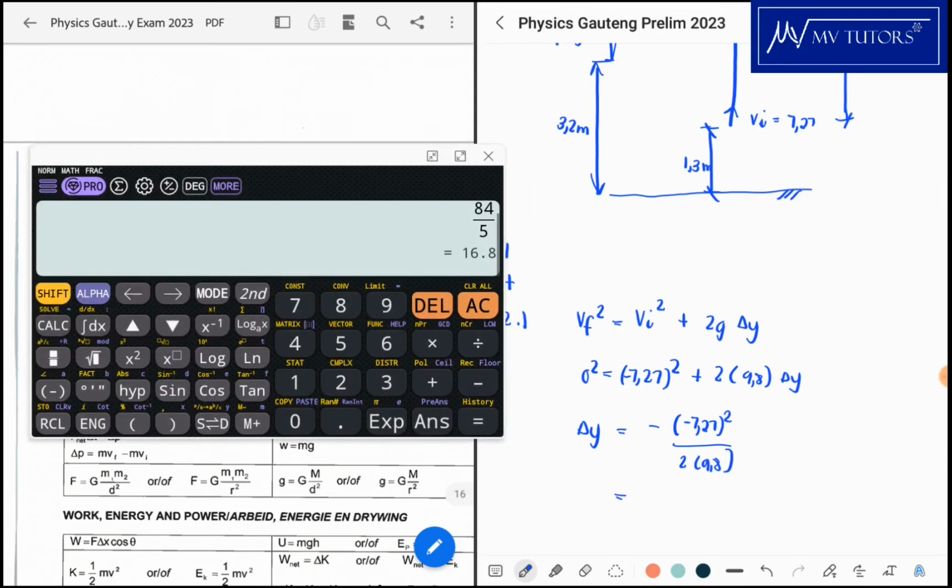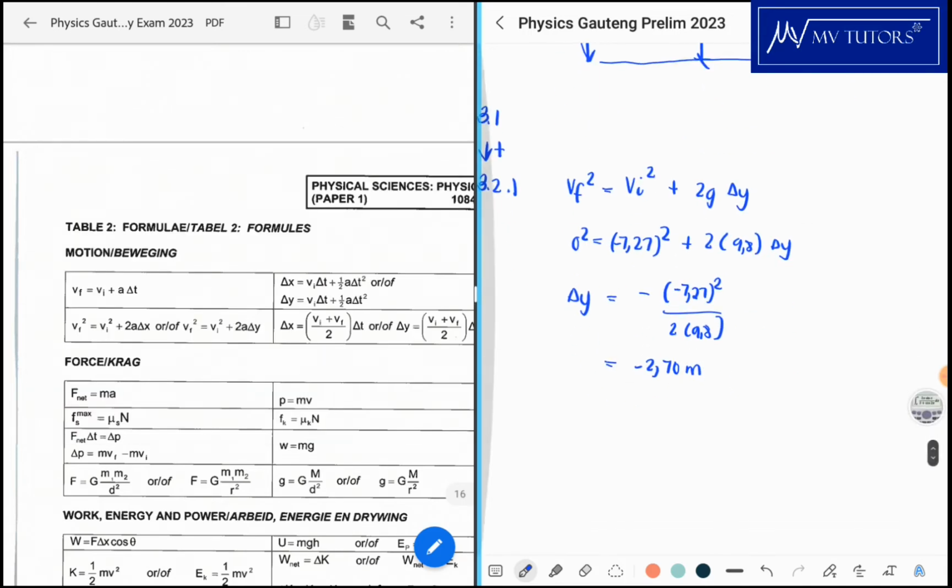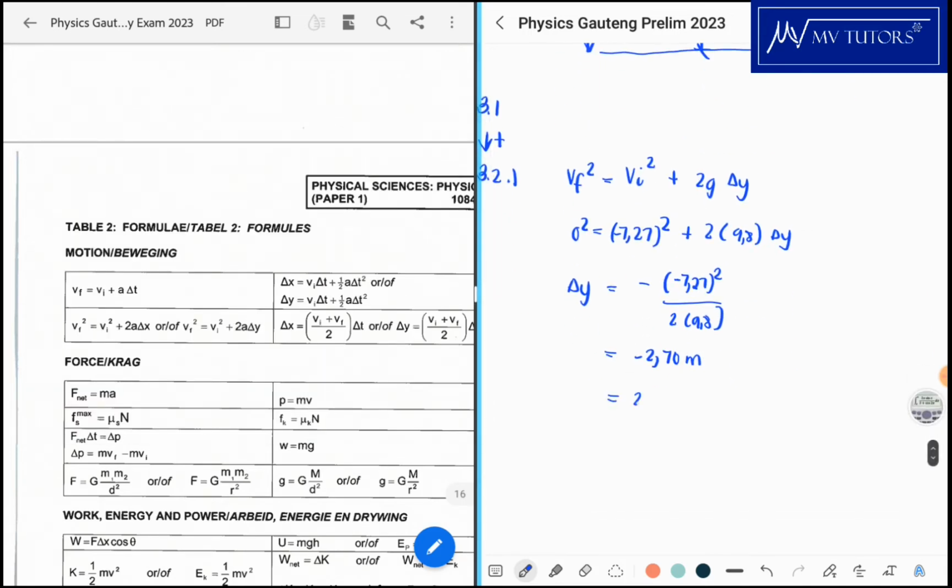Let's see what we get as our answer. 7,27 squared divided by 2 times 9,8, and we get an answer of negative 2,70 meters. This really just means that it is 2,7 meters upwards.